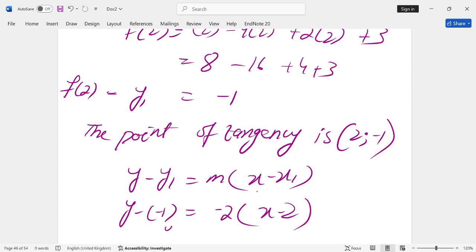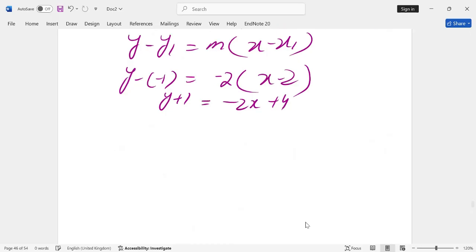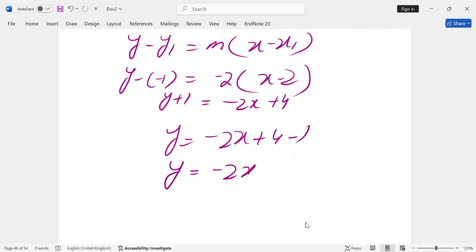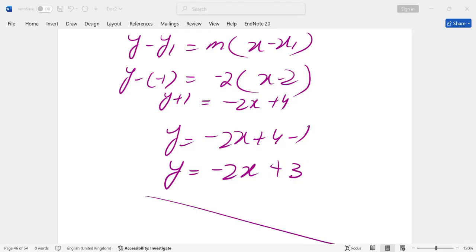So we have y plus 1 equals minus 2x plus 4. We can write it like that: y equals minus 2x plus 4 minus 1. So y equals minus 2x plus 3. This is the required equation that we need to find in this question. All right?